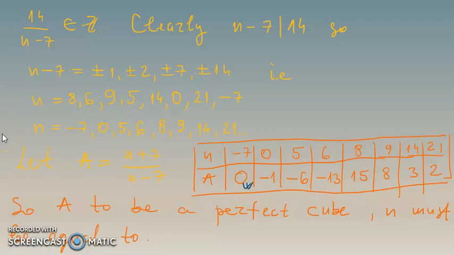That is 0, minus 1 is a perfect cube, and also 8. So n could be equal to minus 7, 0, and 9. So we have three values for n for which the given expression is an integer.